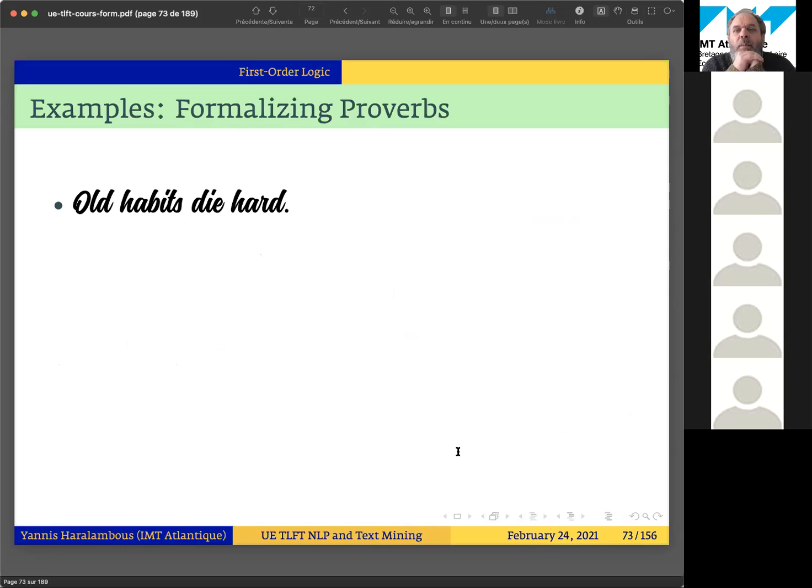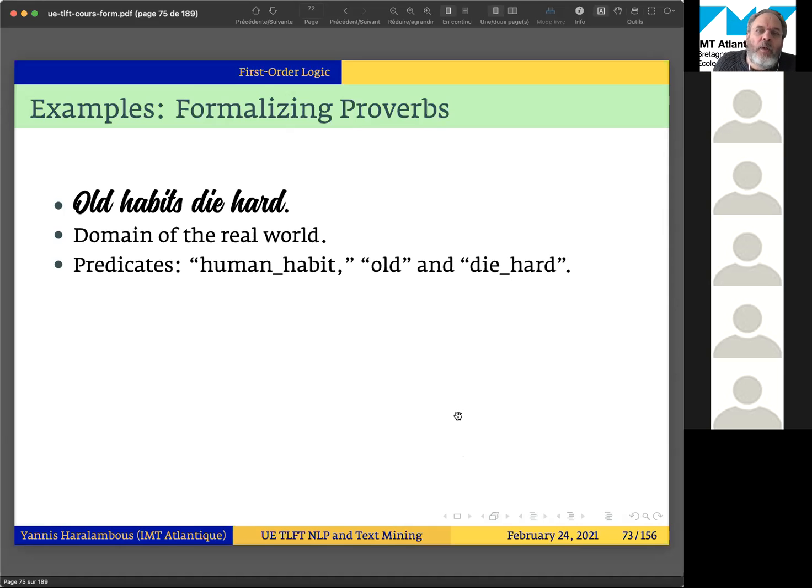So let us take some proverbs and try to formalize them. Old habits die hard. To formalize, I first need to choose a domain. Here I can take the real world because habits are parts of the real world and dying is part of the real world. What will be my predicates?